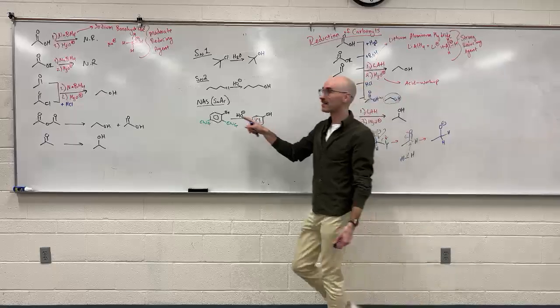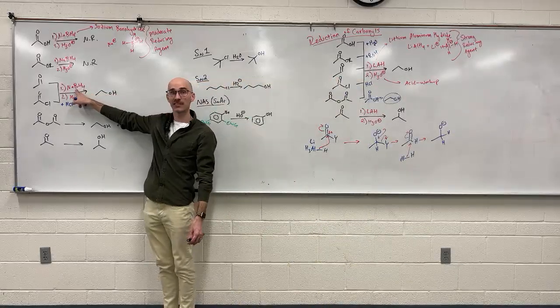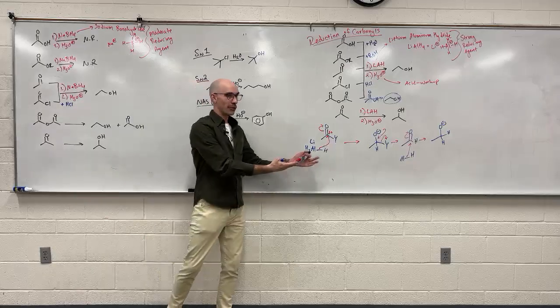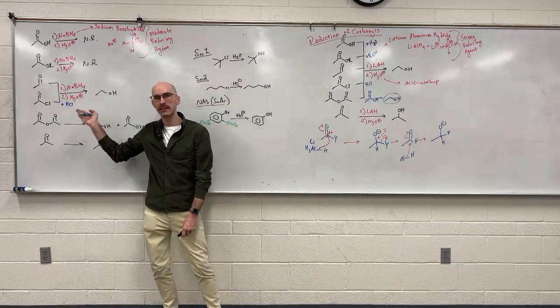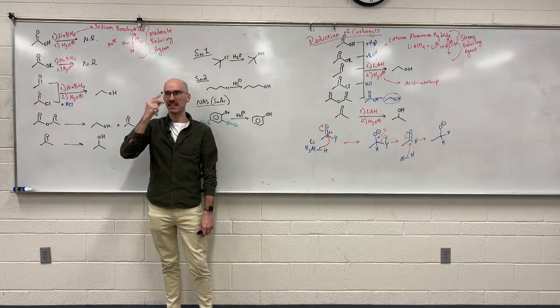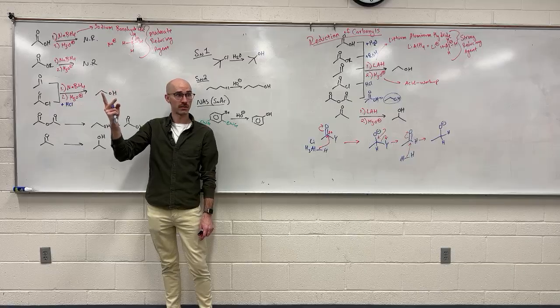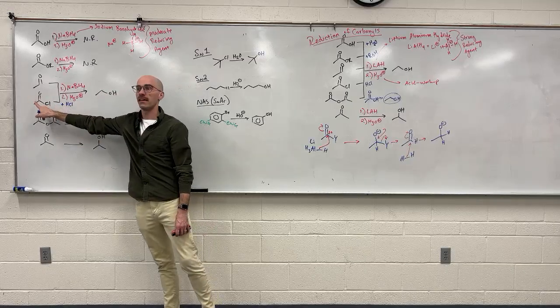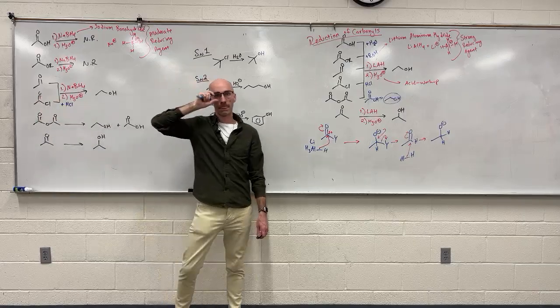And aldehydes can be reduced by sodium borohydride. So when the acid chloride forms an aldehyde, the aldehyde gets reduced. It's a two-step reduction, just like last time. One hydrogen gets added, and then a second hydrogen gets added.